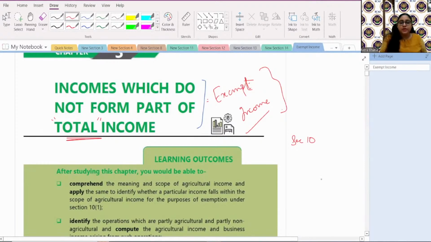As a student, remember in the first class I told you the difference between the clause and section and subsection.